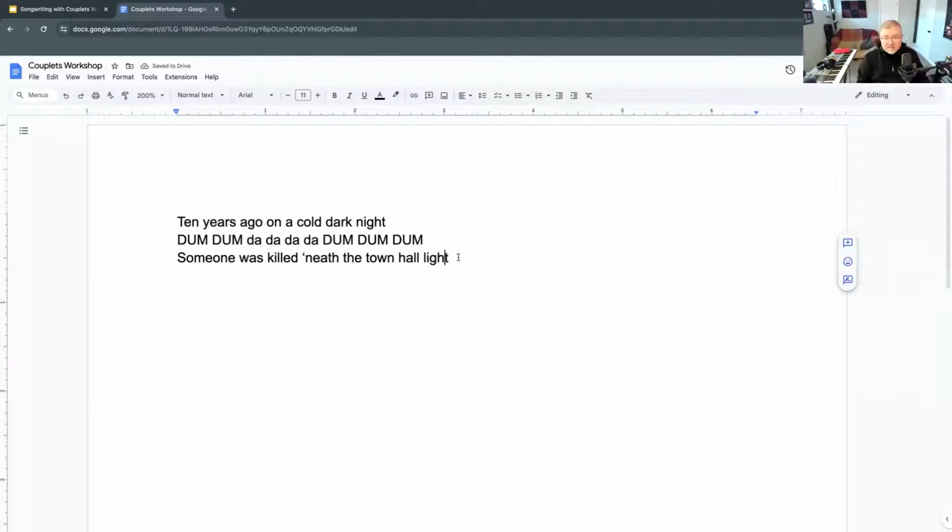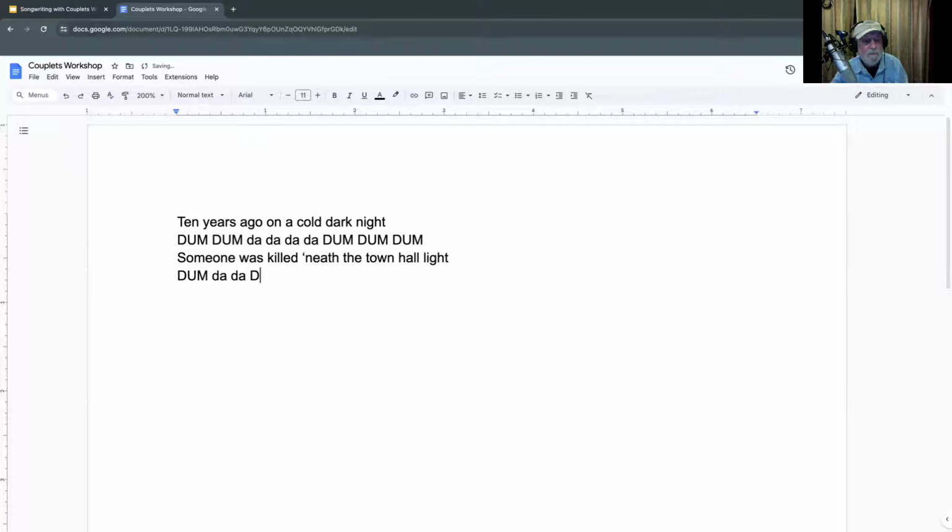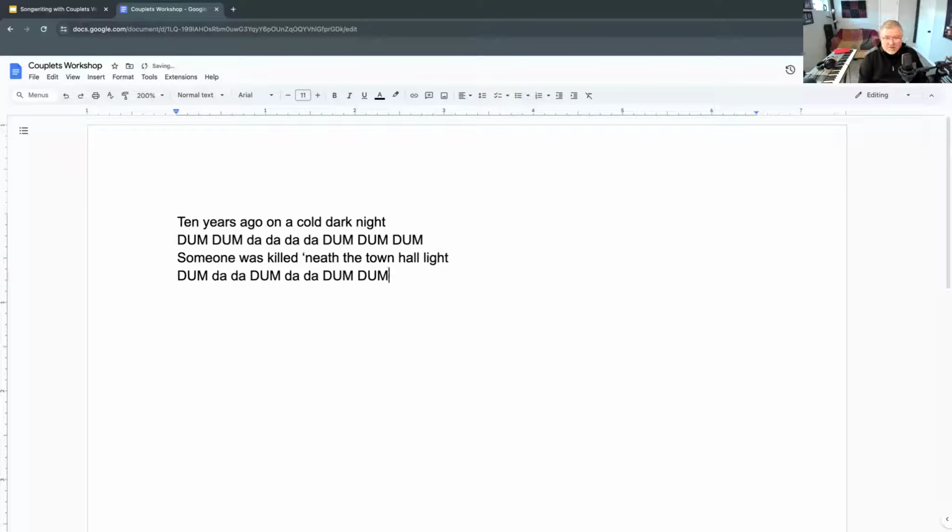So this pattern would be someone was killed neath the town hall light. So it's a different stress pattern. You have dumb, dumb, da da da da, dumb, dumb, dumb, whereas this is dumb, da da dumb, da da dumb, dumb, dumb. So it's a different pattern.